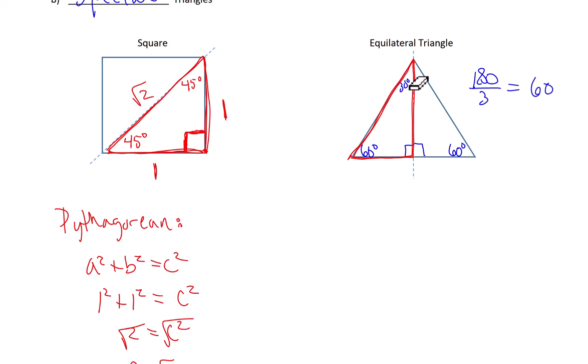And in the same way, if I were to label some of its sides, we could use the Pythagorean theorem to get other measures of it. One such convenient or familiar way to label these would be: if I take the original base of this triangle that we've now cut in half, and label that bottom side, which is now half of the original base, as length 1, then the other side of it is also 1, which would mean the original side of the equilateral triangle containing both of those would be 2.